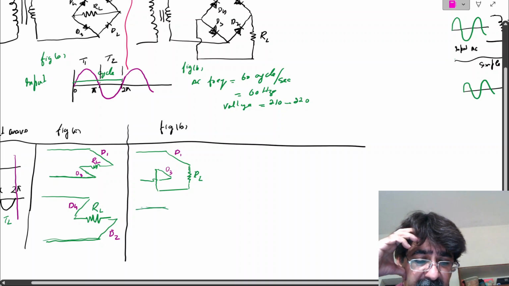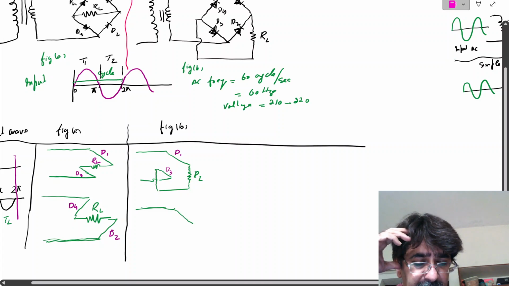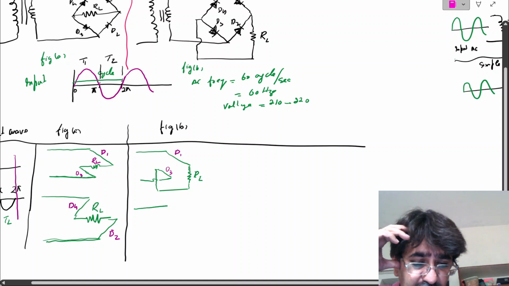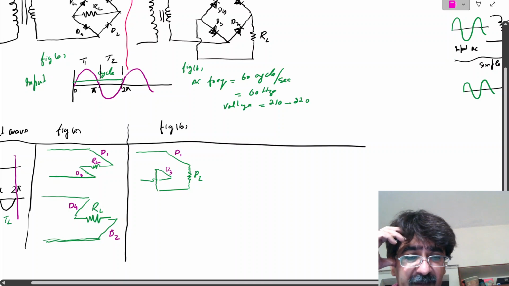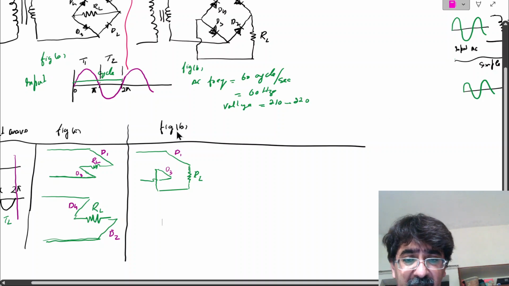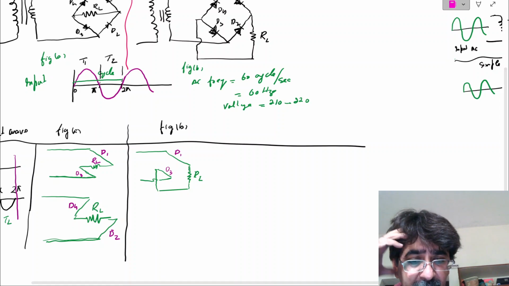It will firstly pass through D1. No, sorry, not through D4, because it is negative, 0 to pi to 2 pi. Because it is a negative pulse for T2, it will firstly pass through D4.